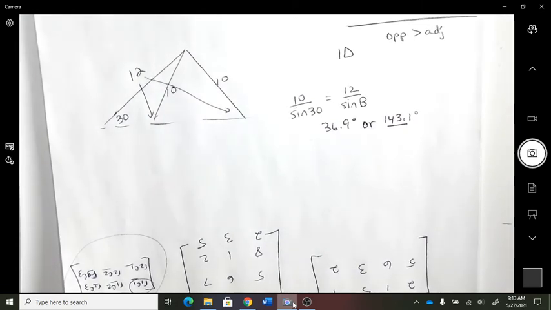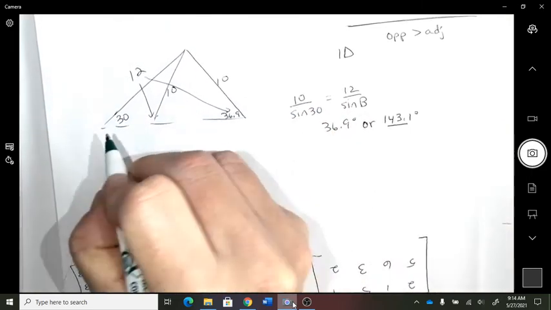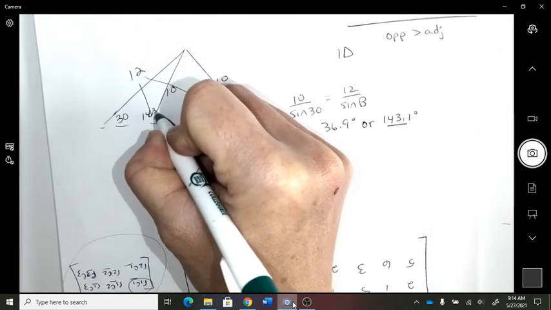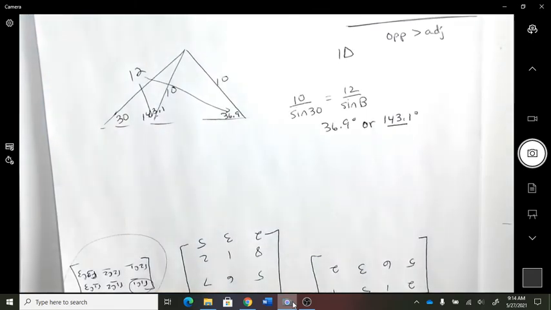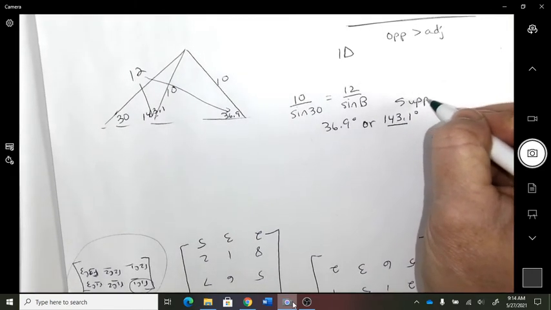You always are going to have an acute option and an obtuse option. So this one is the acute and this one is the obtuse option. Okay, so that's the big deal. These are supplementary with each other.